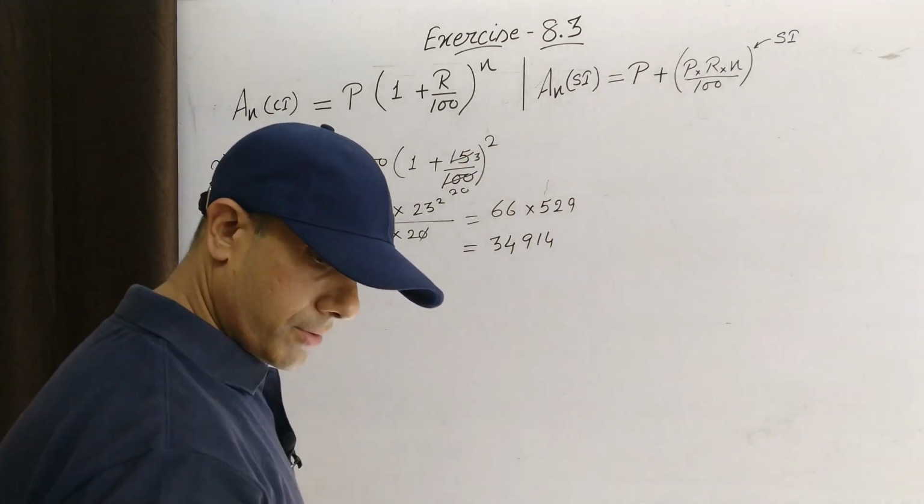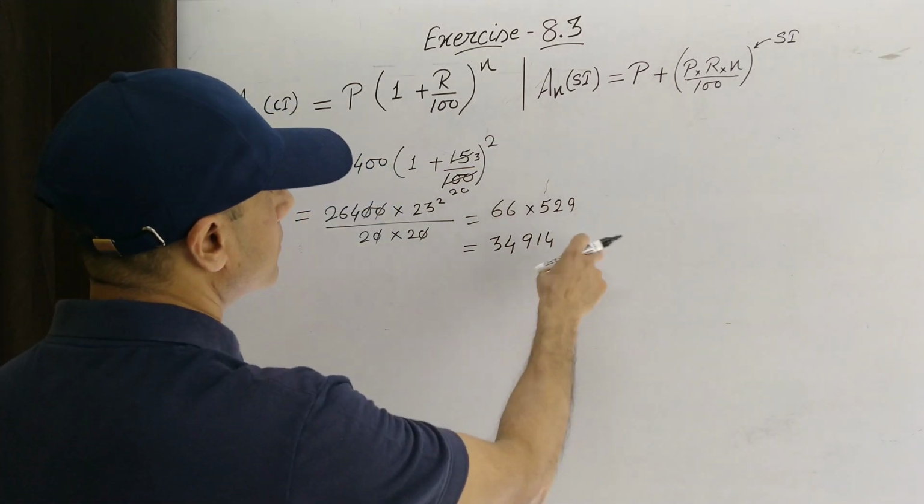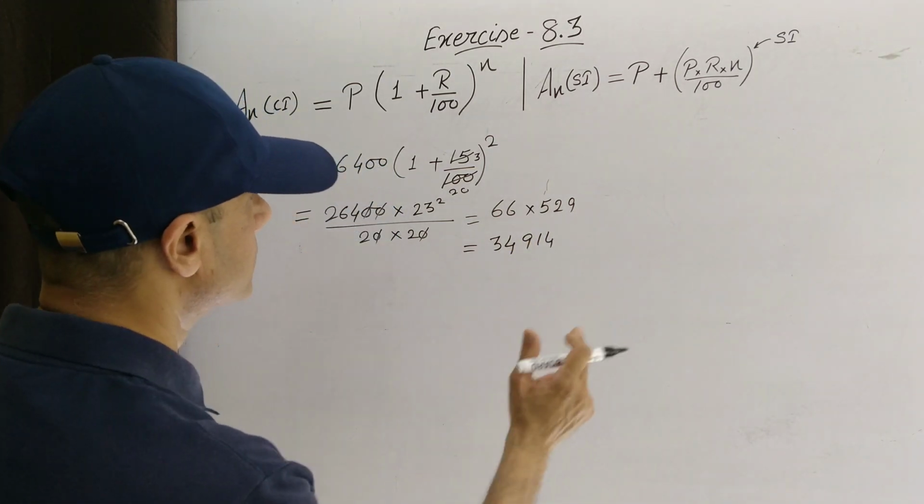and we have to calculate 4 months interest, which is simple interest.